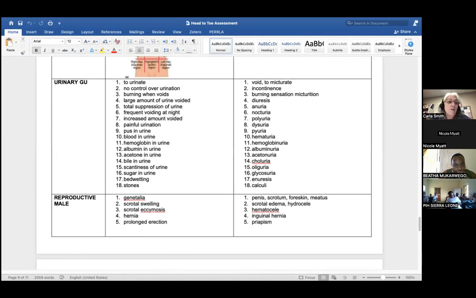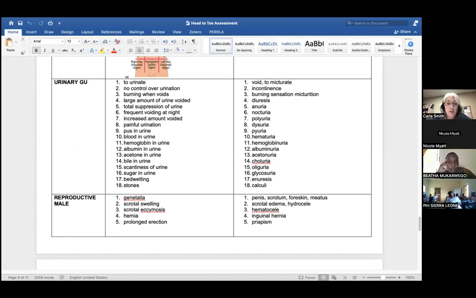When we're talking about urinary, again, instead of just saying the patient voided 500 cc's, give me some more quantifiers for that. What color is it? Is it pale yellow, straw colored?